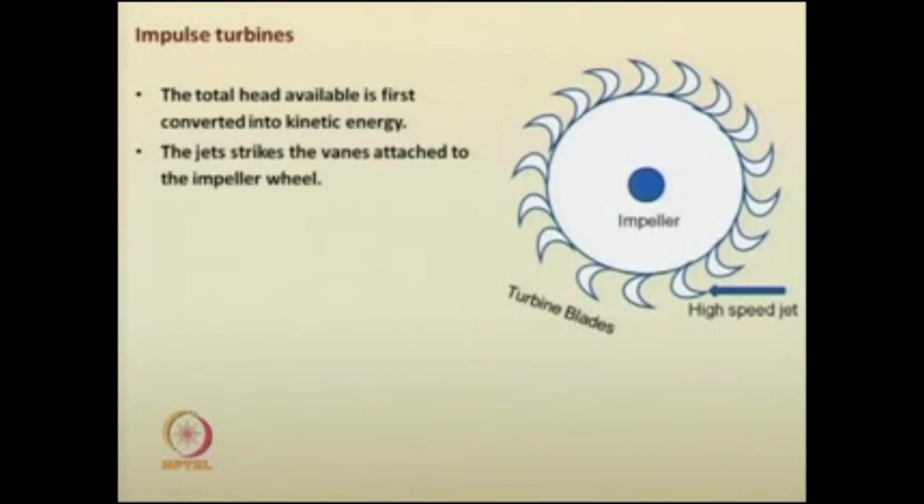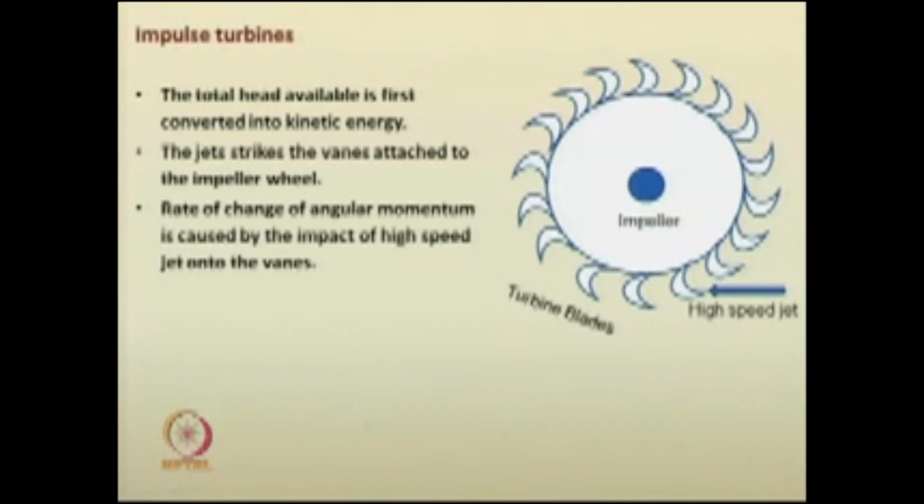So, a high speed jet strikes the vanes attached to the impeller wheel. This is the impeller wheel or rotating wheel, on that vanes are provided, and the high speed jet impacts on it.